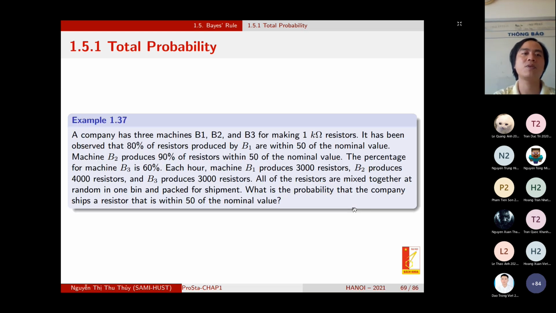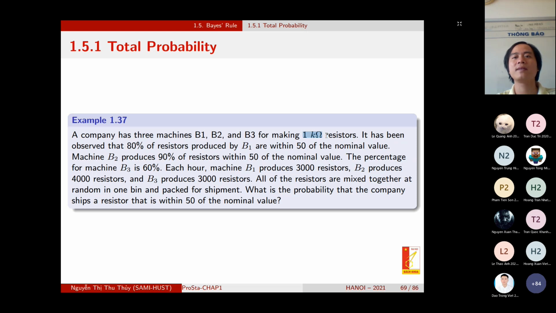And we consider example 1.37. A company has 3 machines, B1, B2, and B3, for making 1 kilo ohm resistors. So we just care about the 3 different machines that produce the resistors.